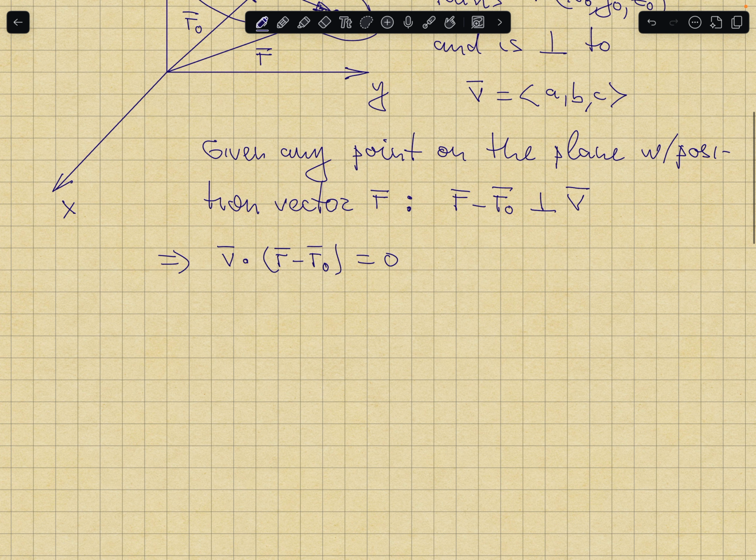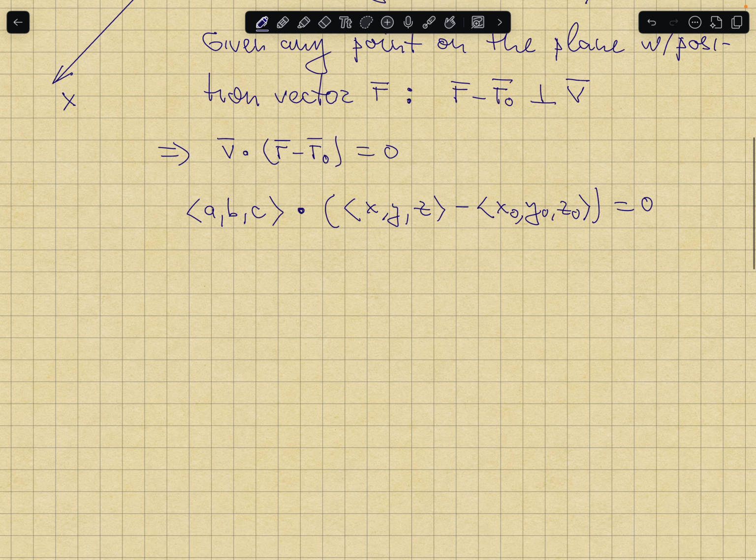Okay, and then we can write this in components. This is the same thing as (A, B, C) dot product with (x, y, z) minus (x0, y0, z0), equal to 0.